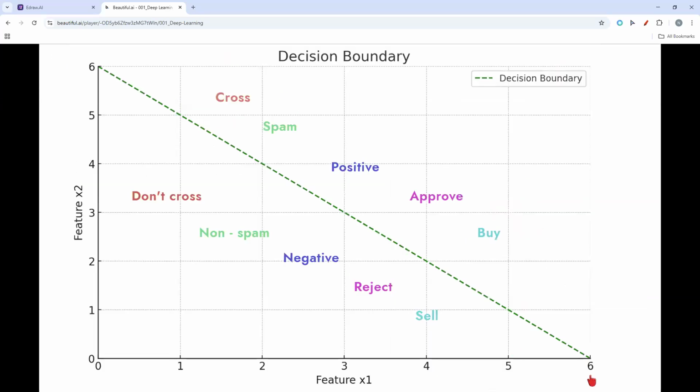These kind of scenarios we can simply draw a line and tell whether cross the road or don't cross the road, spam email, non-spam email, positive value, negative value, approve the loan, reject the loan, buy the product or sell the product. When you have these kind of scenarios, you can simply draw a line in between, and a model will be easily telling that. That's all about it.